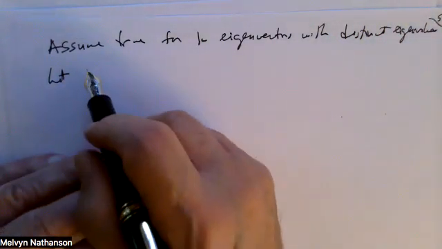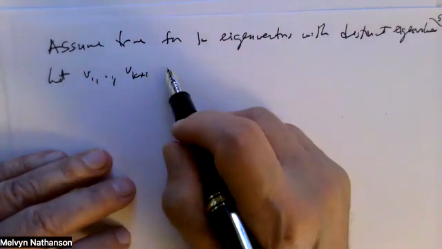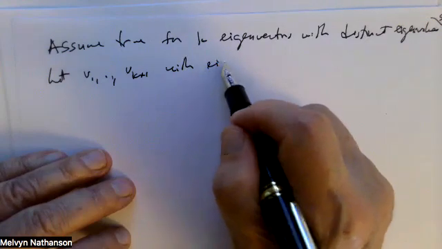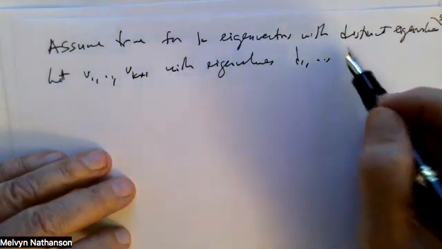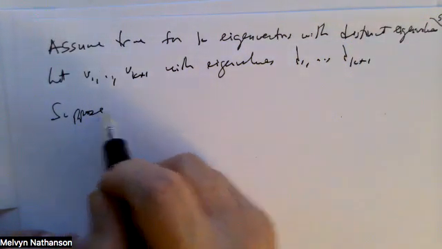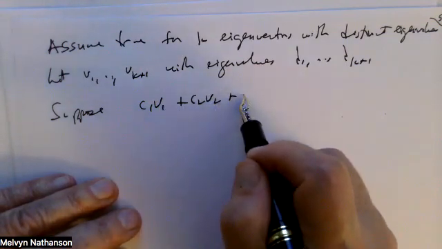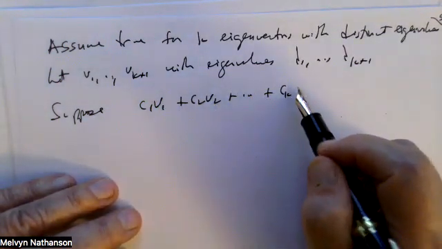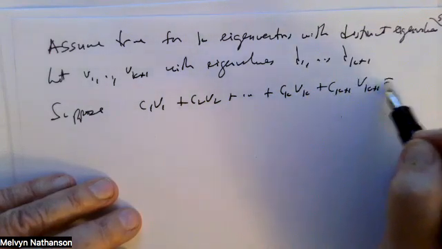So now we take k plus 1 eigenvectors, v1 up to vk plus 1, eigenvalues lambda 1 up to lambda k plus 1. Suppose some linear combination of these k plus 1 eigenvectors is 0.